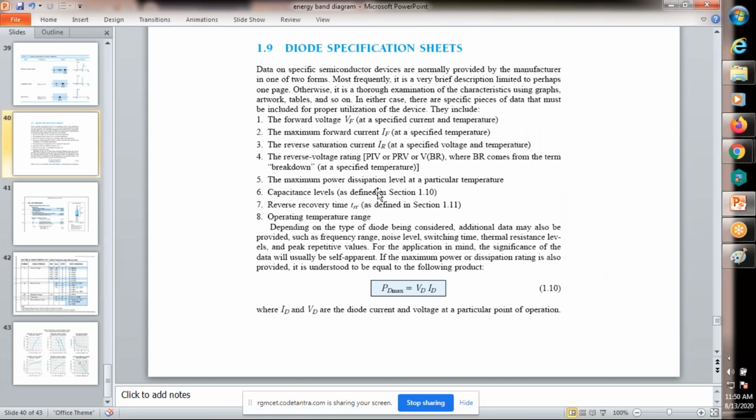What is the maximum power dissipation at a particular temperature? Beyond that, we cannot operate the device, otherwise the device may burn out. Similarly, reverse recovery time indicates the switching speed of a diode. What is the operating temperature range? How to operate the diode? Like that, it will give all this information about the specifications.